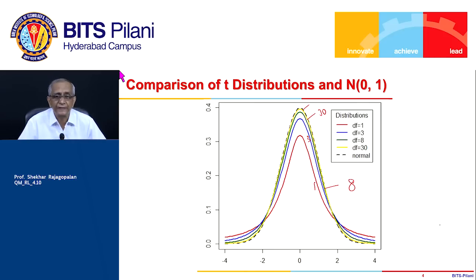So notice one thing, as the degrees of freedom increases, meaning that as the sample size increases, the t distribution approaches the normal distribution. If you look at the t distribution tables, you will see that as the degrees of freedom increases, the values in the t table are equal to the standard normal table.